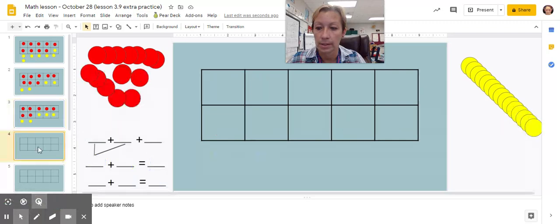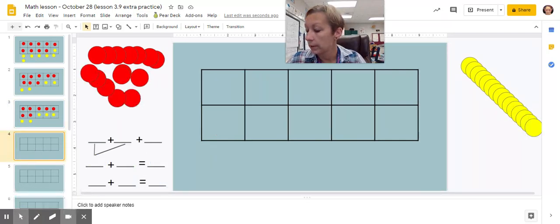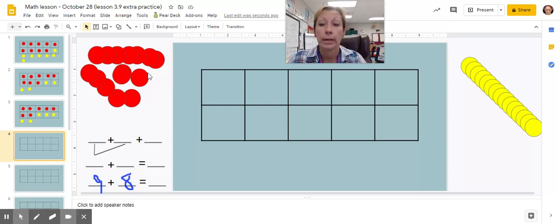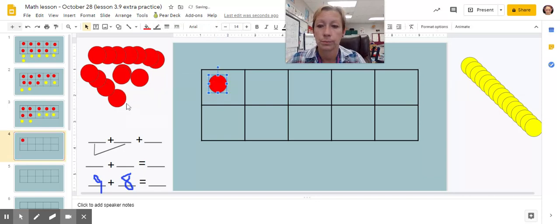Let's see what's next. Next problem is 9 plus 8. 9 plus 8. Look at those two addends for me. Which one is more, 9 or 8? 9 is more. I'm going to go ahead and put 9 red counters.